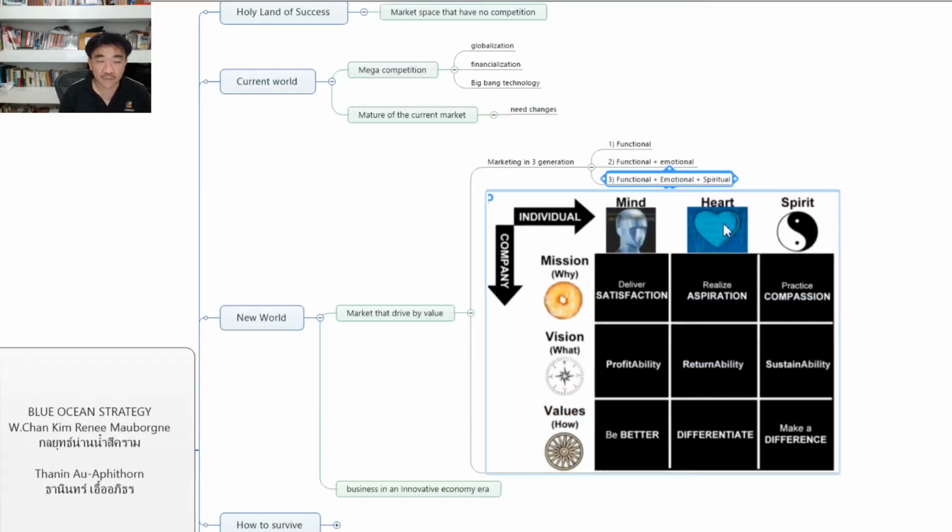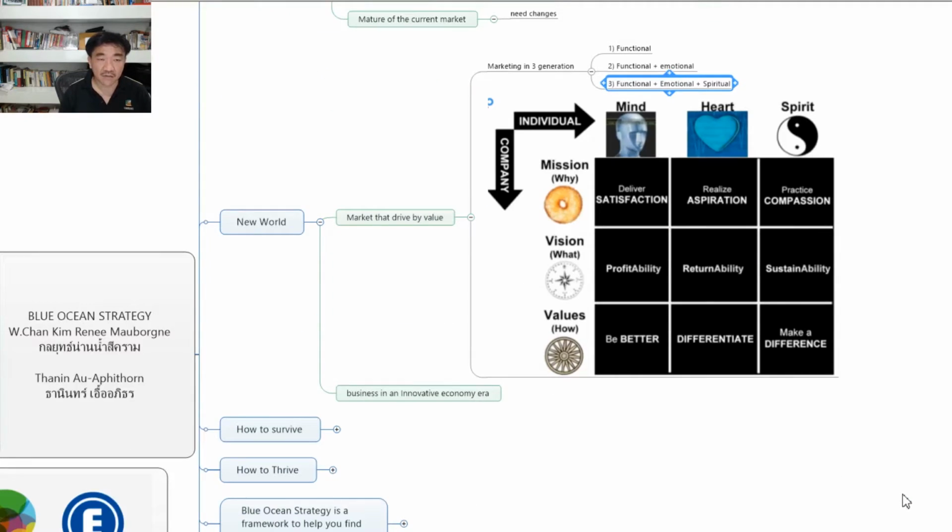If you look at the framework of the individual and how the company works, and how it creates a new, more complex offering and a lot of value generating streams, the business is actually in the new world. We are working in a fast moving, innovative economy era.